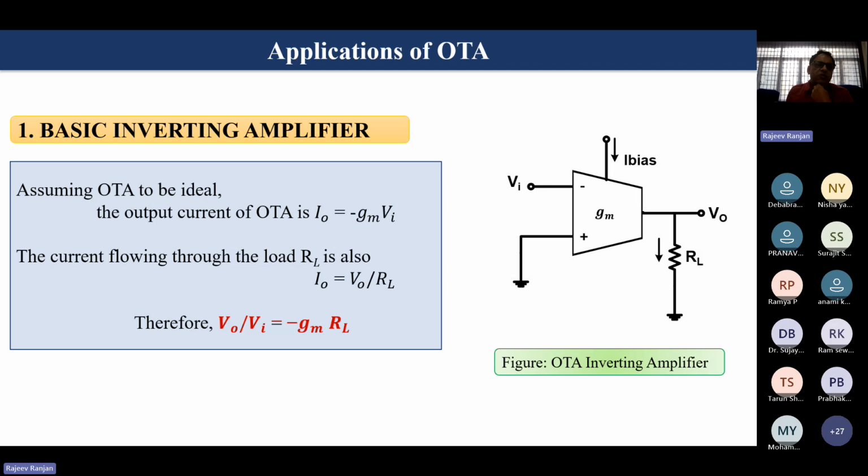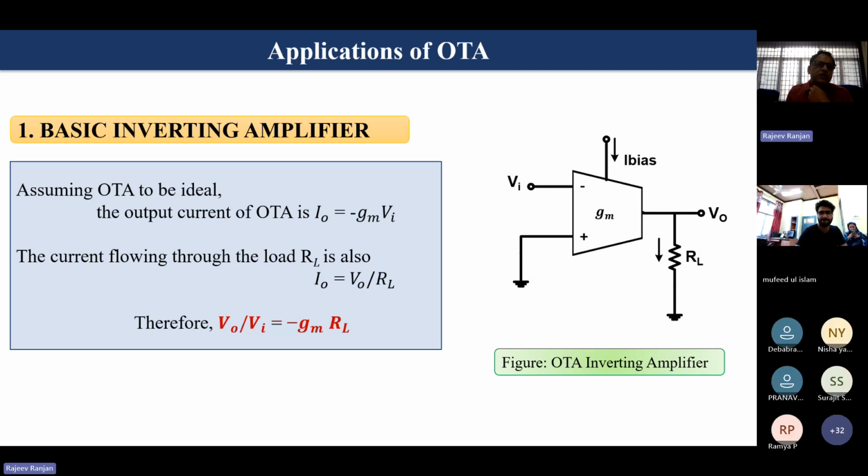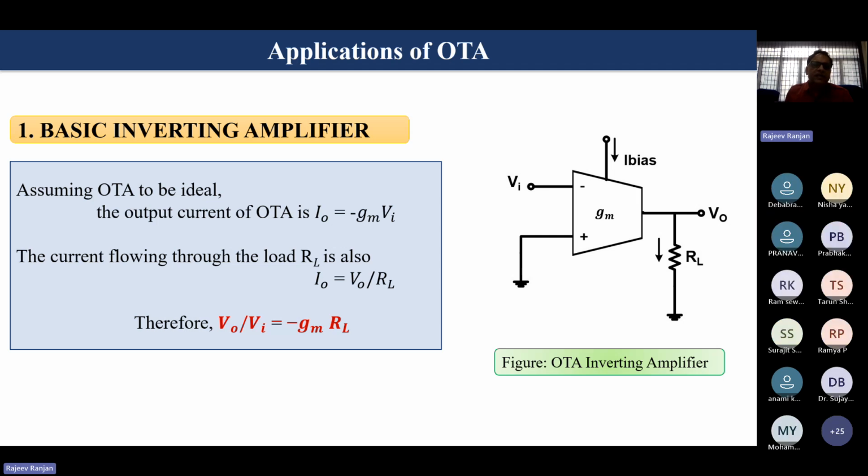This is the grounded terminal. The current flowing through this RL is IO equal to VO upon RL. Therefore, VO upon VI equals minus GM RL. So this is the circuit, and from that we can get the output of an inverting basic amplifier.